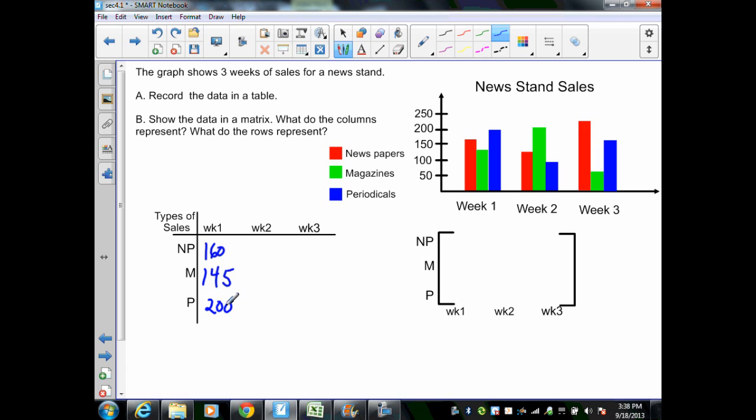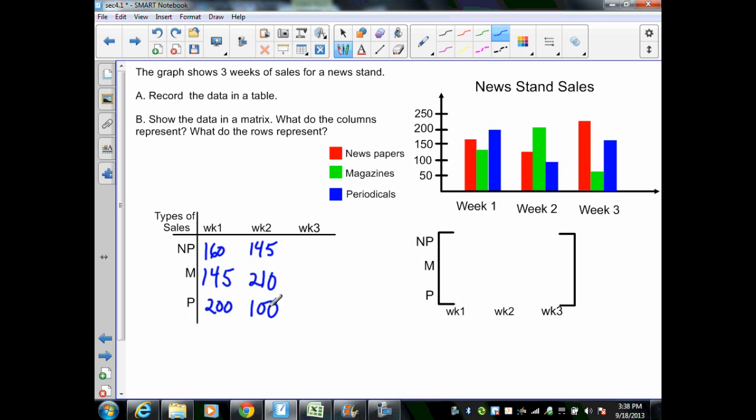Then I have week 2. I'm going to estimate the newspapers at approximately 145. The magazines, about 210. And the periodicals are going to be about 100.